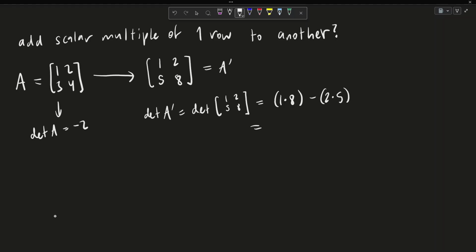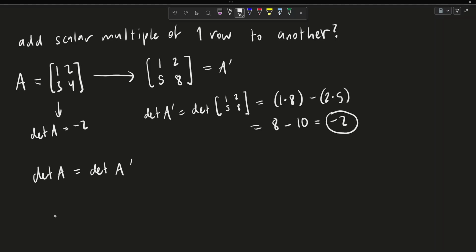This is equal to 8 minus 10, which is negative 2. So as you can see, the determinant of A equals the determinant of A prime.